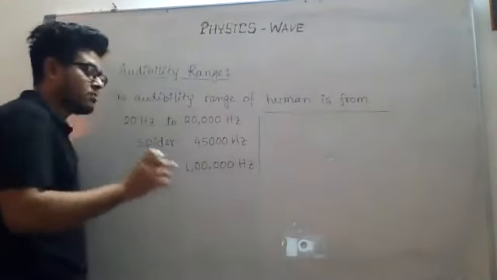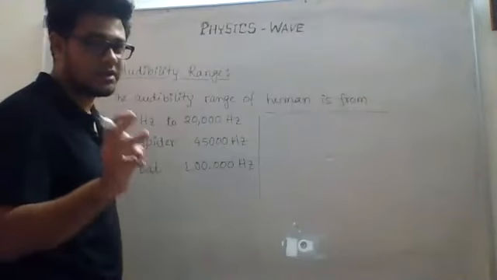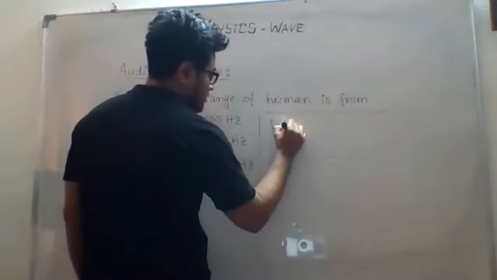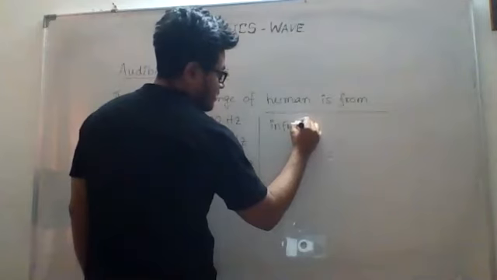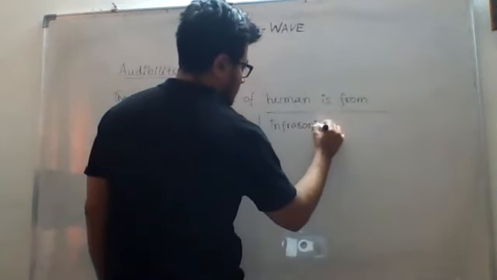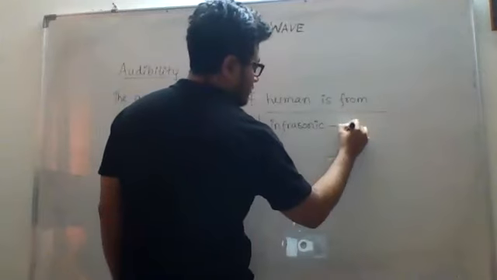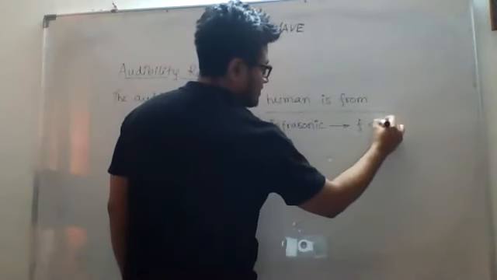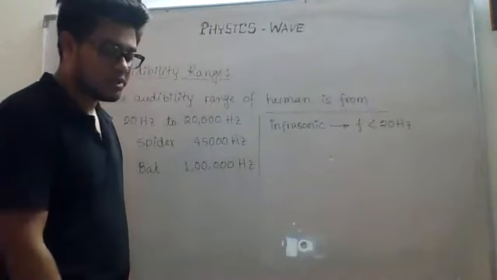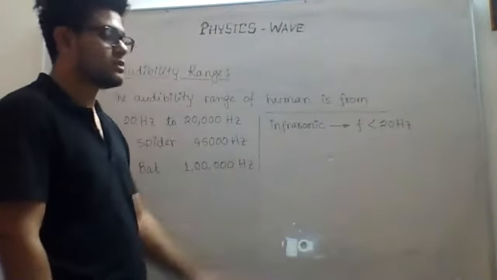Now, depending on frequency, sound has been divided into 3 classes. One is infrasonic sound. Infrasonic sound has a frequency less than 20 hertz. If the frequency of the sound is less than 20 hertz, then we will call it an infrasonic sound.